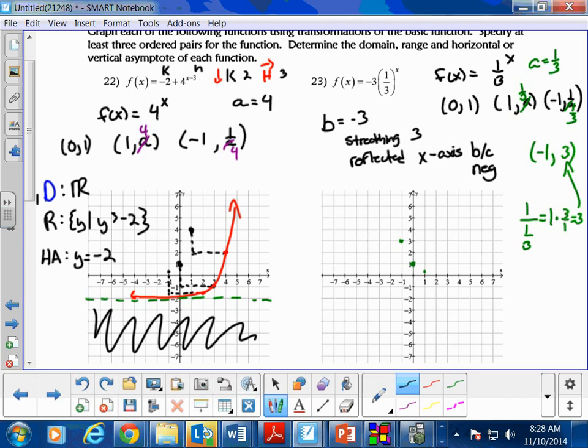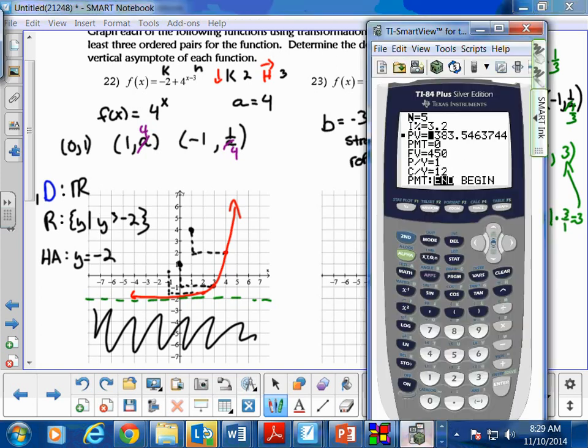Because of that, there'll be quite a bit of transformations. If you want to get an idea of how that's going to look, let me show you. You can always pull out your calculator and get an idea of what that looks like. Remember, you're still required to do all this right here as far as finding the basic functions, but at least you can see if you have the right idea by using your calculator.